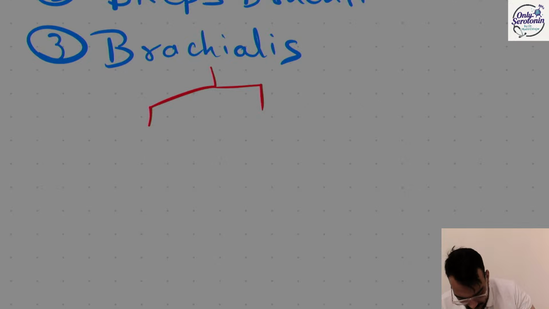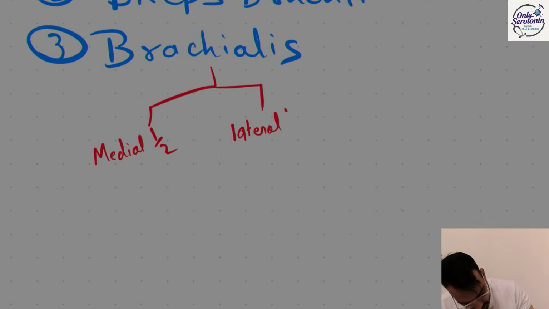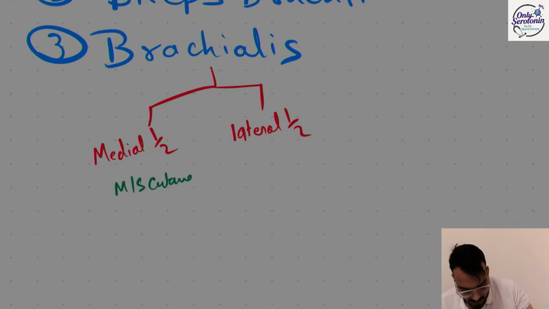The first part is the medial half, and the second part is what, guys? It is the lateral half. What about the medial half, guys? The medial half is supplied by the musculocutaneous nerve, and the lateral half is supplied by the radial nerve.